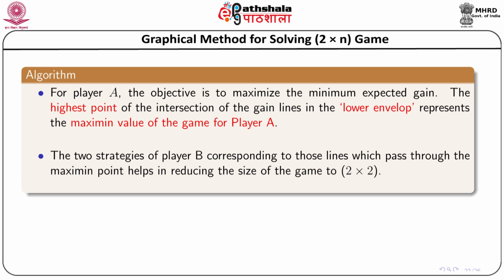So, the highest point of the intersection of the gain lines in the lower envelope represents the maximum value of the game for player A. The two strategies of player B corresponding to those lines will pass through the maximum point, and this helps in reducing the size of the game to a 2 by 2 game.